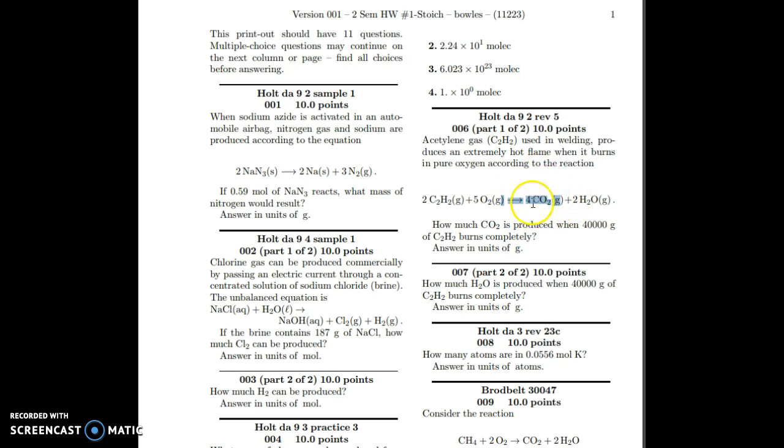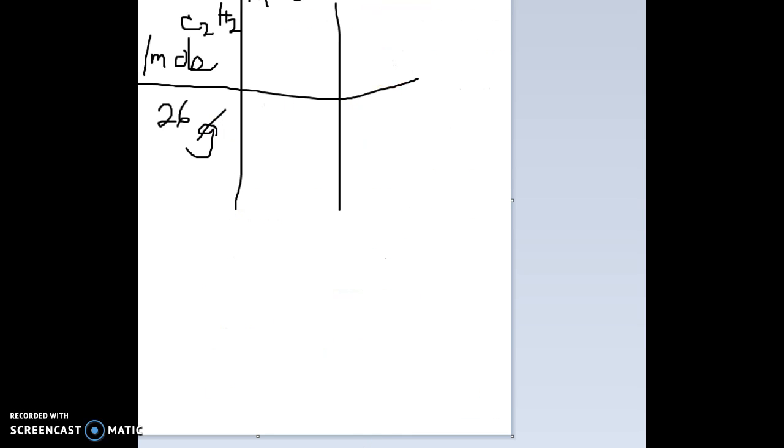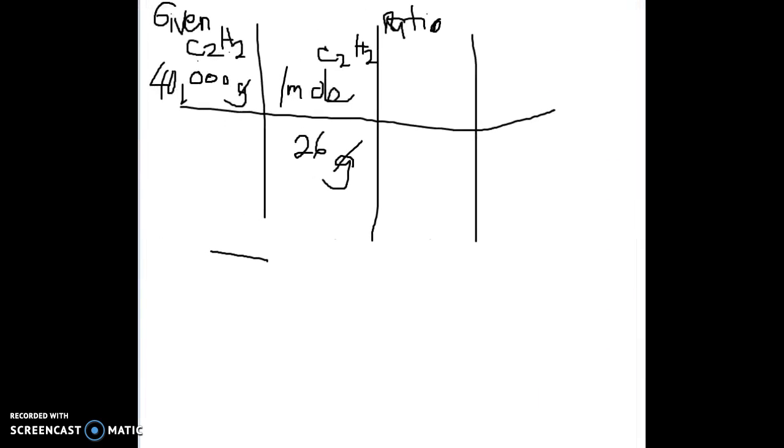The want is CO2, so I'm going to write 4, the coefficient. So 4 CO2s over 2 acetylenes is going to be my ratio, 4 over 2. That's 4 moles of CO2, because that was the coefficient of CO2, for every 2 moles of acetylene.